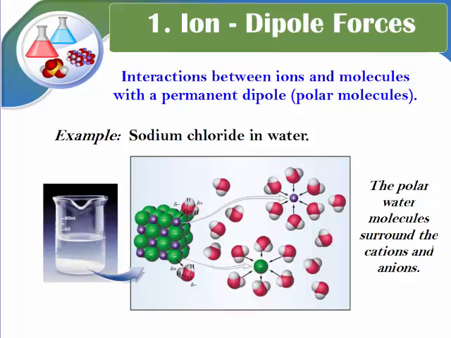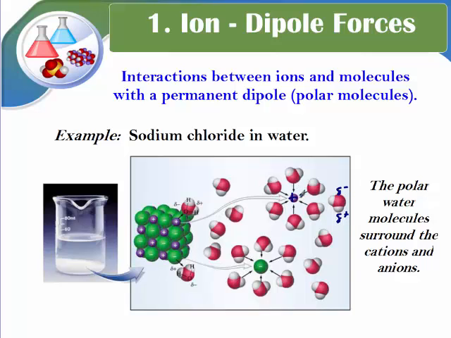So in our example, we have sodium chloride and water. When salt dissolves in water, the sodium and the chlorine ions separate and are surrounded by water. Recall that water has a slightly negative oxygen and slightly positive hydrogen.